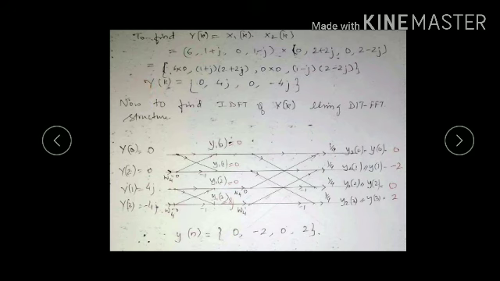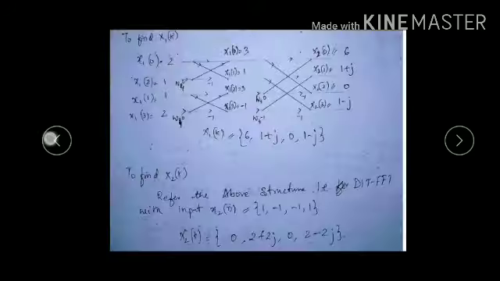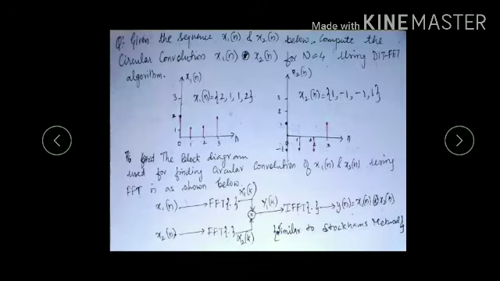Now to find the IDFT of y1 of k using the DIT-FFT structure. You can see here we need to find the IFFT of y1 of k, and we are going to get y of n. Now this part is similar to this problem.